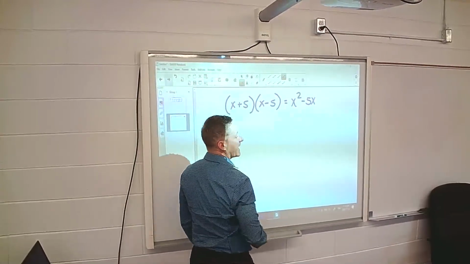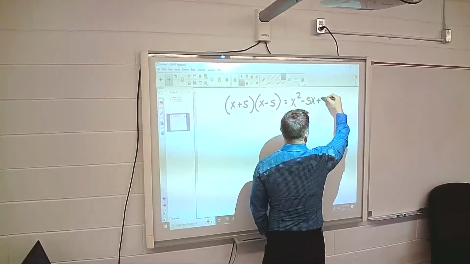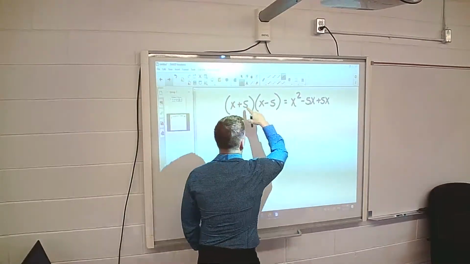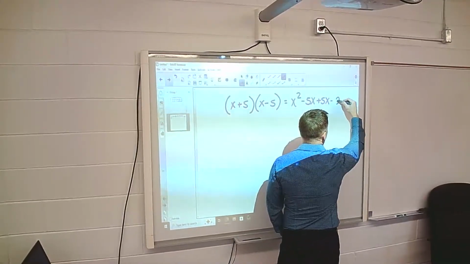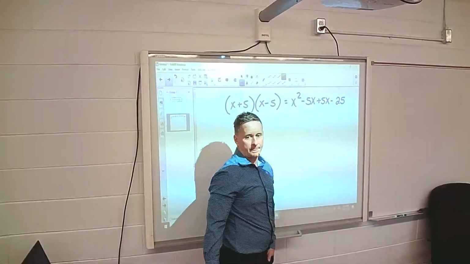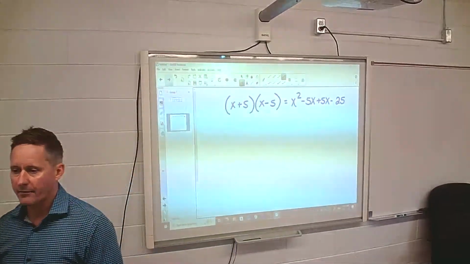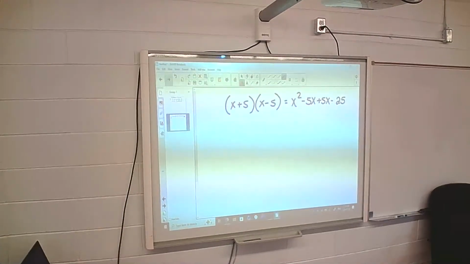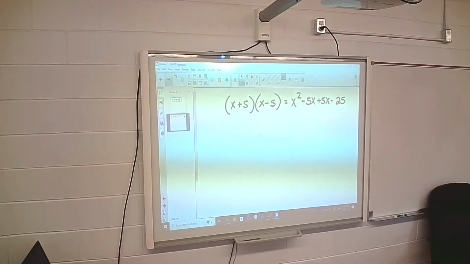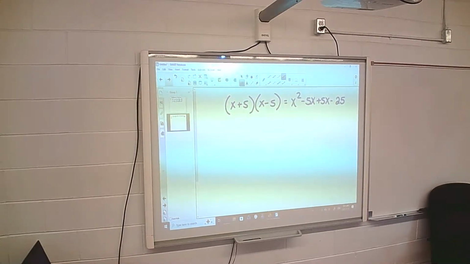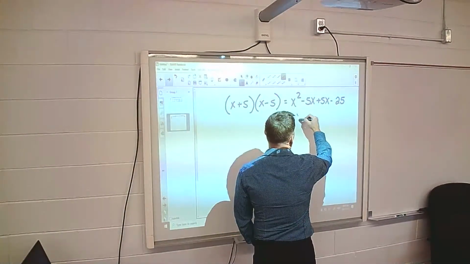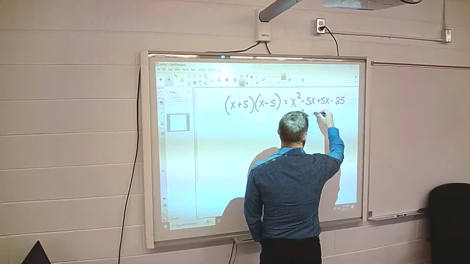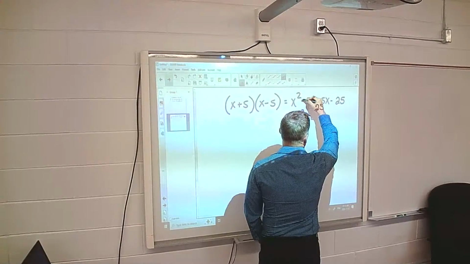Inside, 5 times x, 5x. 5 times negative 5, take away 25. Subtract 25. Now, when you look at the middle terms, what do you notice? They cancel each other out. Well done. So this is why I end up with x squared minus 25.